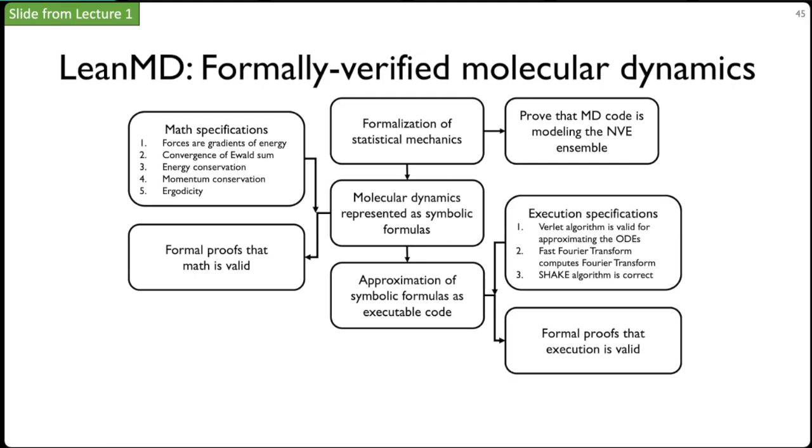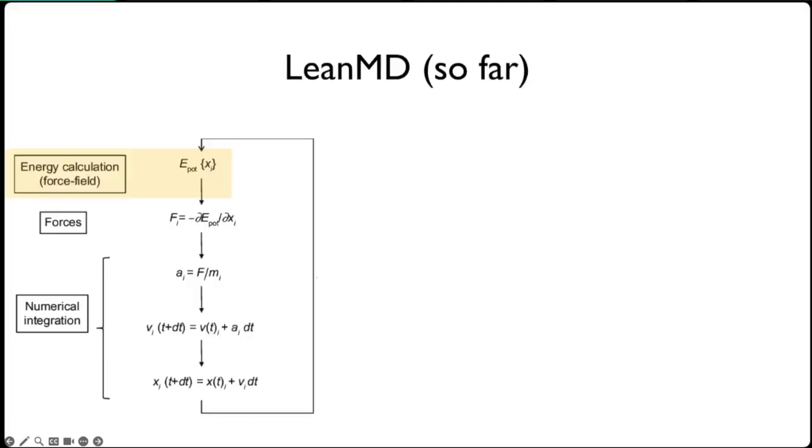And then we have execution specifications. So I might say I have Newton's equations of motion described, but I don't do that. So here I have the calculus-based equation for my force, but I have an algebraic-based equation for my numerical integration. In order to connect these dots, we have to do a Taylor series approximation, some algebra, some cancellation of terms.